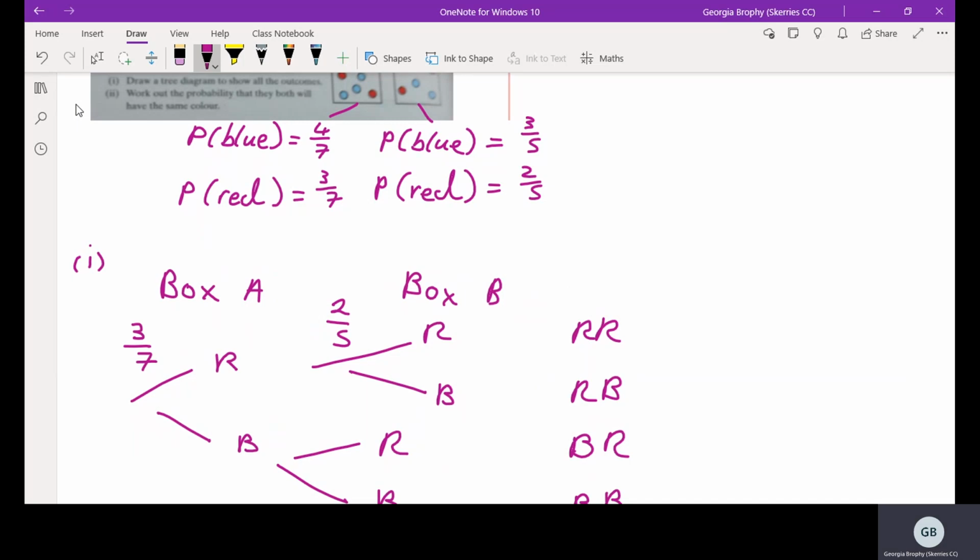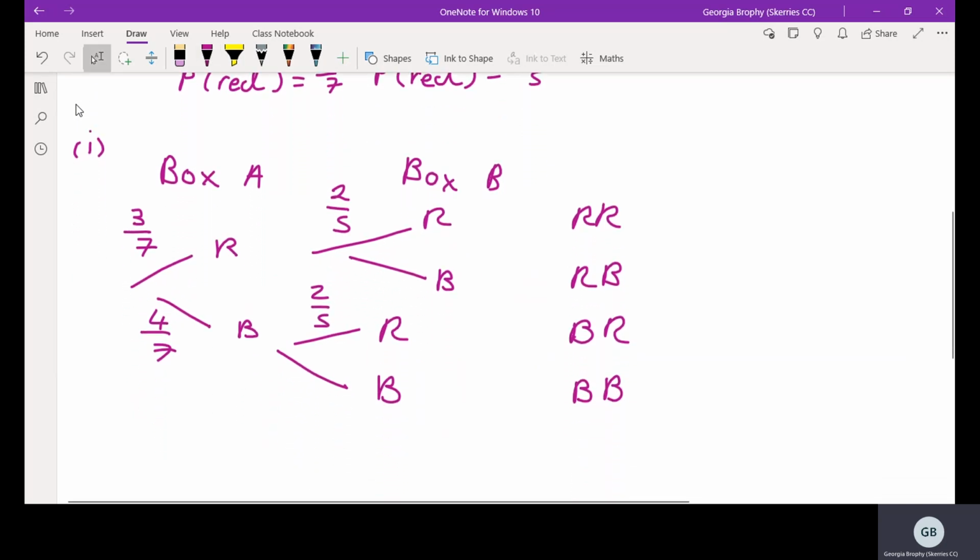In box A, the probability of me choosing blue is 4/7. Sorry, the probability of me choosing red from box B was 2/5. Then again, the probability of me choosing blue from box B was 3/5.